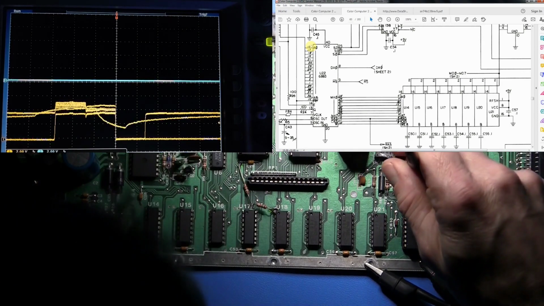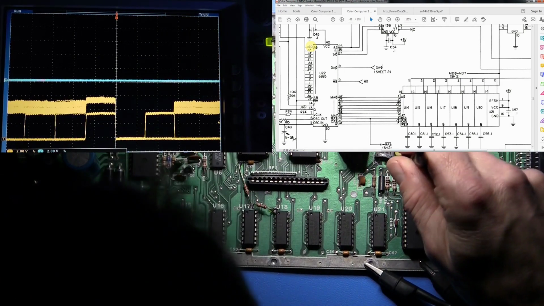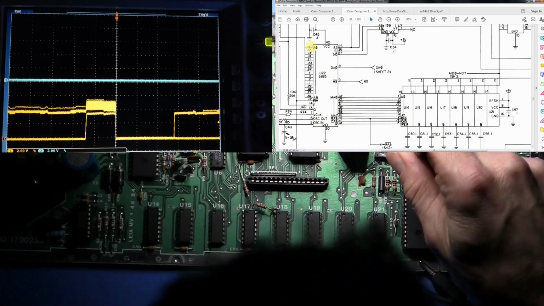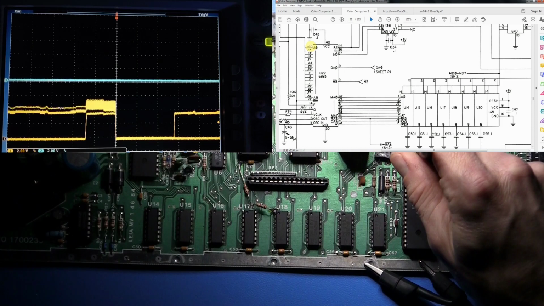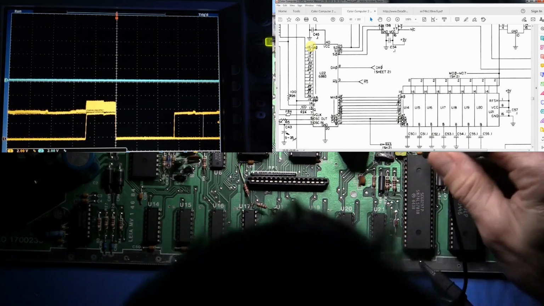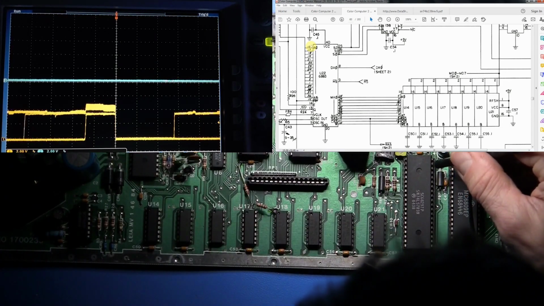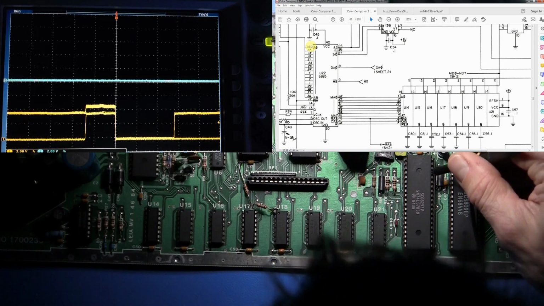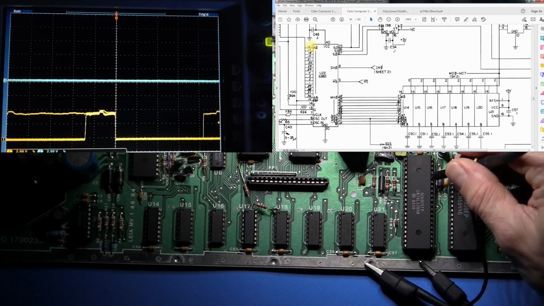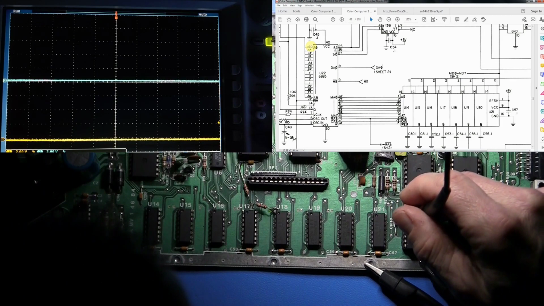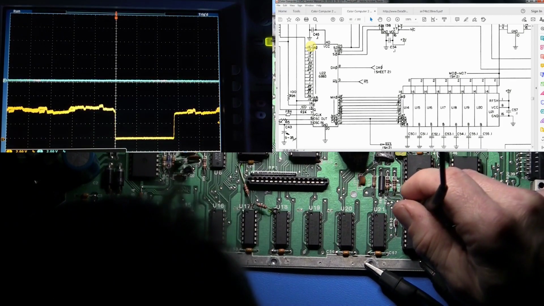Okay, back to pin 4, pin 3, 2, and 1. That gets us to A11, I believe it is. Now A12 on pin 39, 38, 37, 36. Address is making it. Let's check pin 15, the read write. Pin 15, yep.